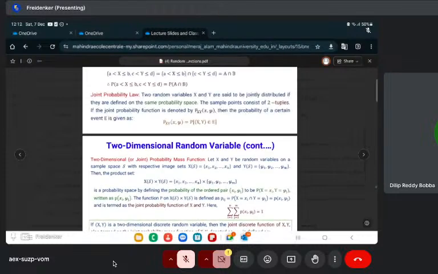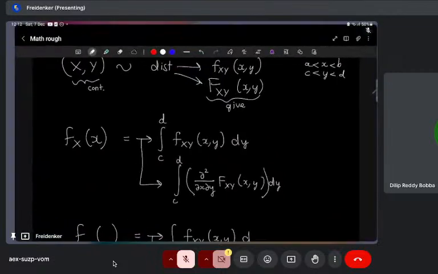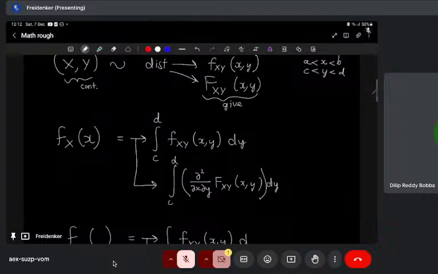You should be able to solve it, and not get stuck like how I'm stuck right now. Fine, let me just verify this. PDF of joint CDF. Yes, so fine, this is right.